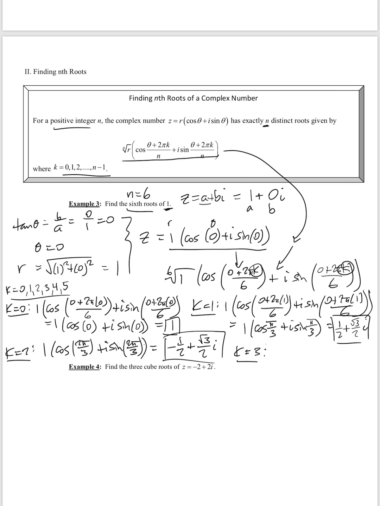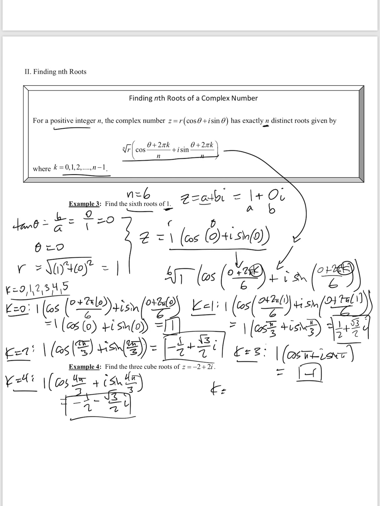K equals 3 gives us 1 times the cosine of pi plus i times the sine of pi, which is negative 1. K equals 4 gives us 1 times the cosine of 4 pi over 3 plus i times the sine of 4 pi over 3, which is negative 1/2 minus the square root of 3 over 2 i.